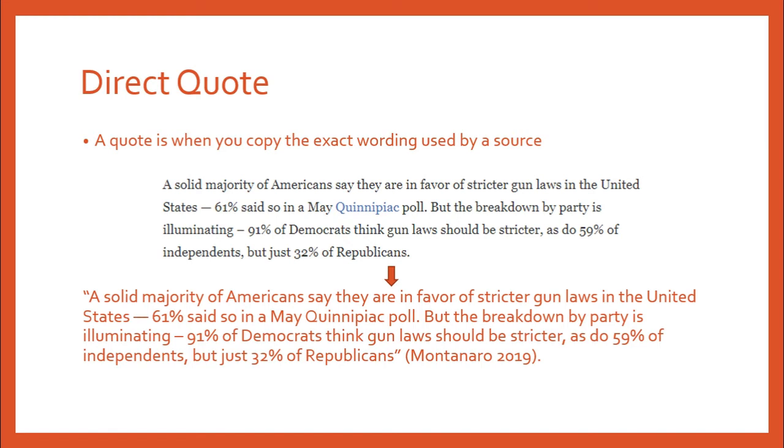So you would only use quotes when it's absolutely necessary. If there's no way to rephrase what someone else said, or the way it was phrased specifically makes the quote significantly stronger, then you can use a quote, but otherwise you should always paraphrase.